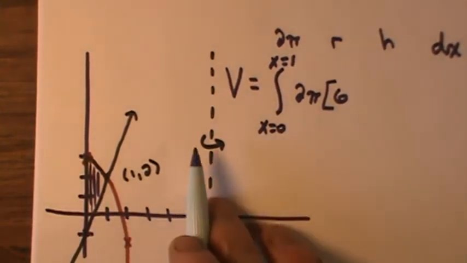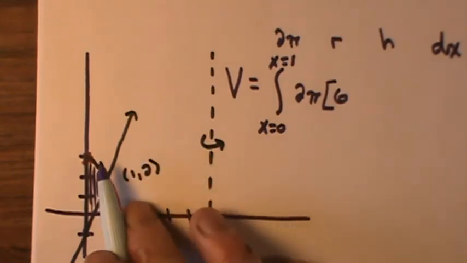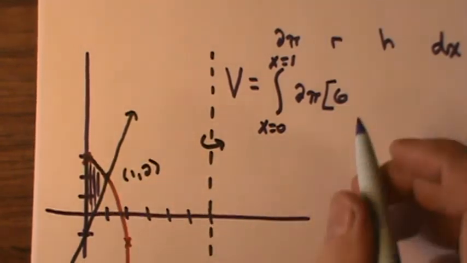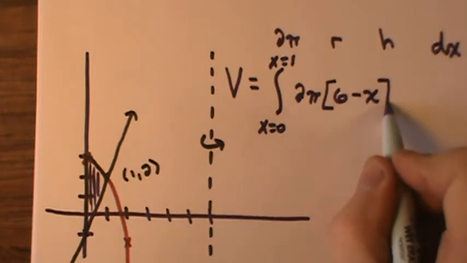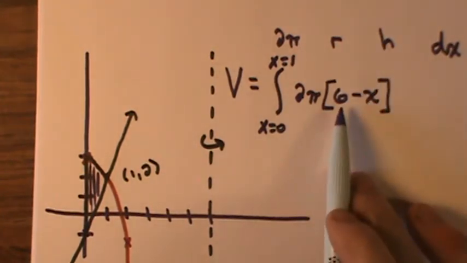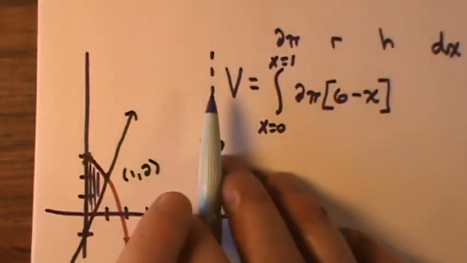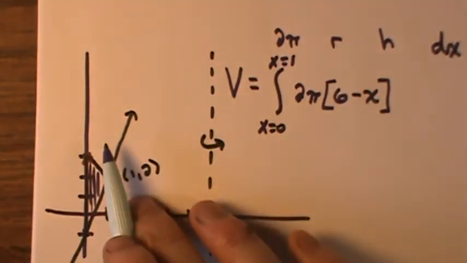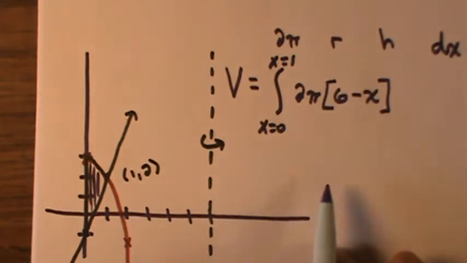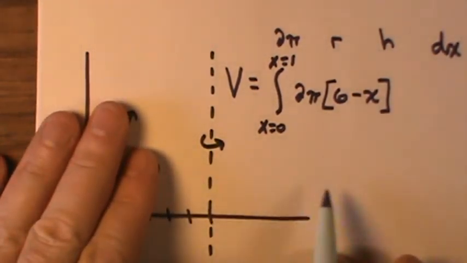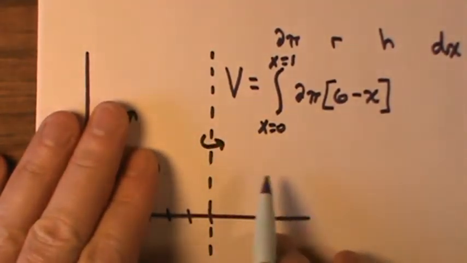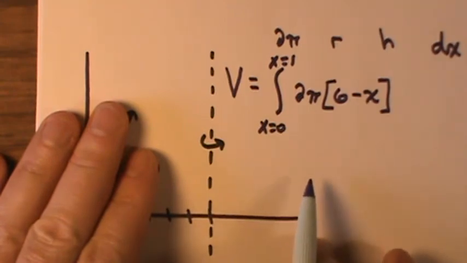And so this would be 6 minus x. To go this direction, it would have to be a minus x. My radius for this problem will be defined as 6 minus x. I was at 6. I'm moving to the left, so that would be a minus x. If the region would have been over here that was being revolved, if I had some shape over here, it would have been 6 plus x to get me over to that region.